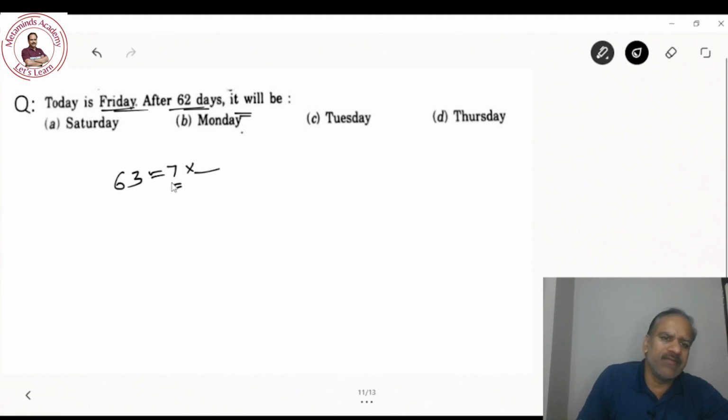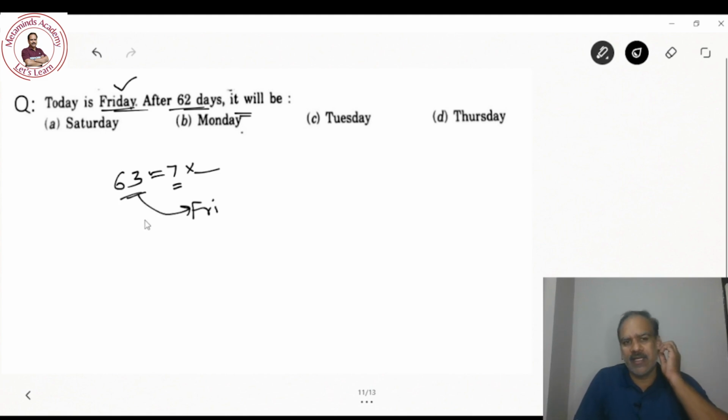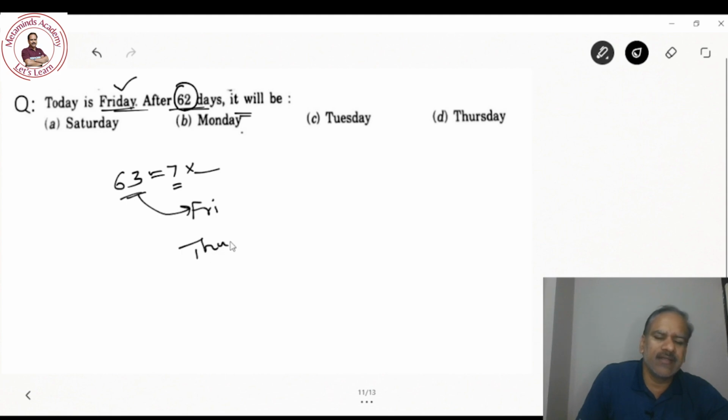If today is Friday, after 63 days, again it will be Friday. After any multiple of 7, meaning after 63 days, again it will be Friday. But after 62 days, it is minus 1. It is Thursday. So the answer is Thursday.